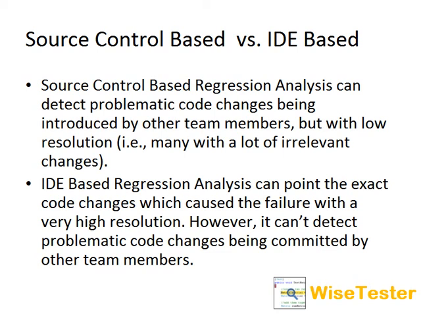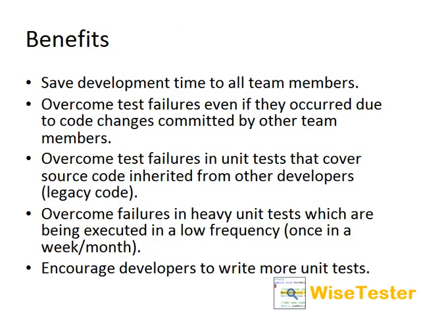And IDE-based regression analysis can point to the exact code changes which caused the failure with a very high resolution. However, it cannot detect problematic code changes being committed by other team members. Those team members will have to execute the analysis on their machine. So these two variations really complete each other.